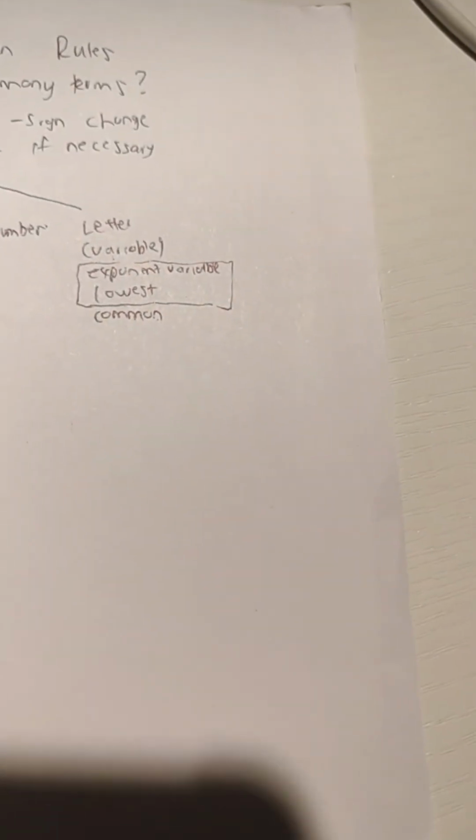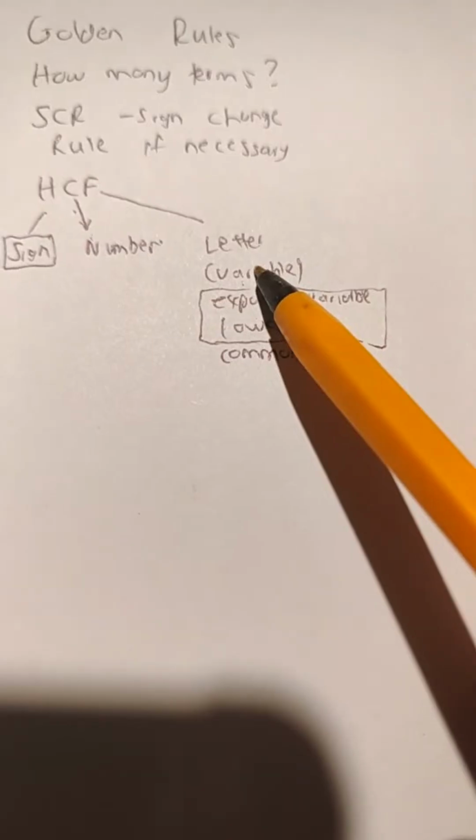Then 3, we need to take out the highest common factor letter of the alphabet, or what we call the variable. And by the variable we mean the common variable with the lowest exponent. That's what we do when we take out the highest common factor letter.